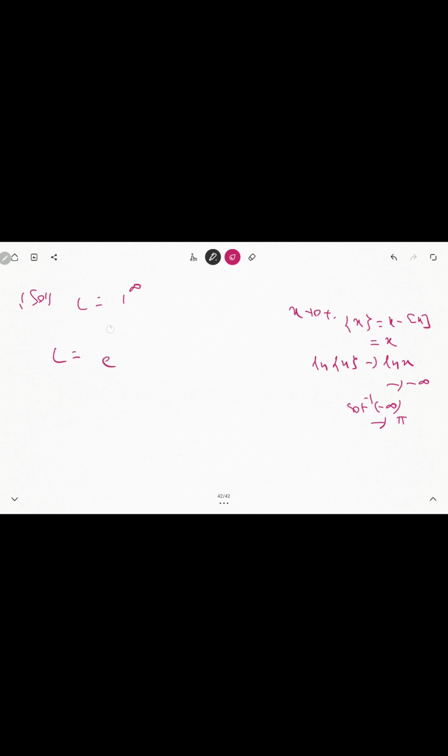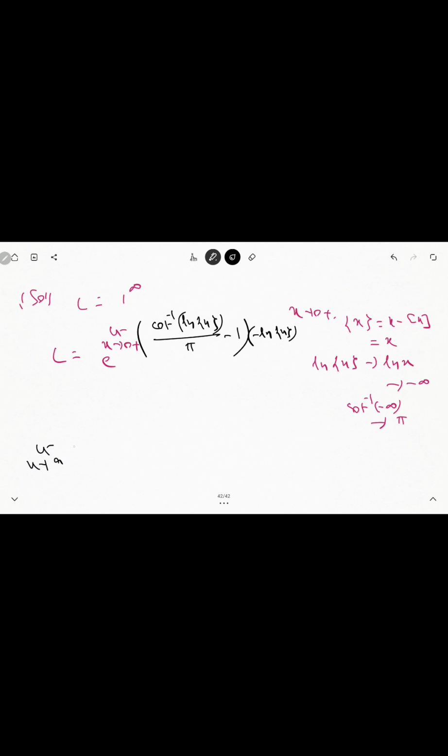E power limit x tends to 0 plus of cot inverse of ln of fractional part of x by pi, minus 1, into power. What is the power there? Minus ln of fractional part of x. Correct or not? Tell me. Like this.